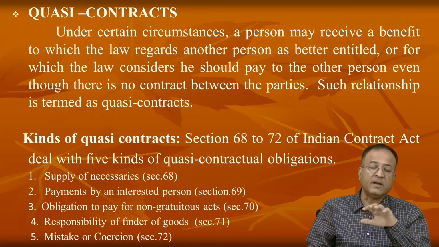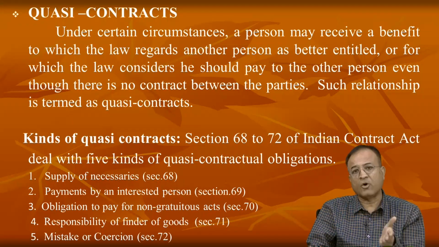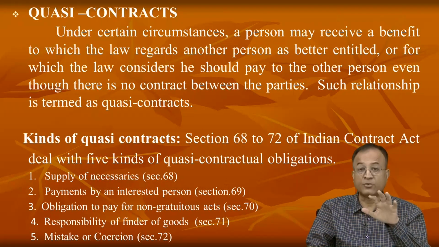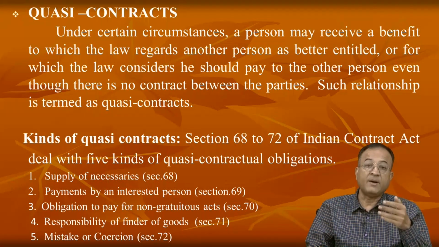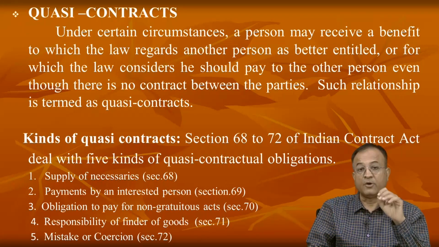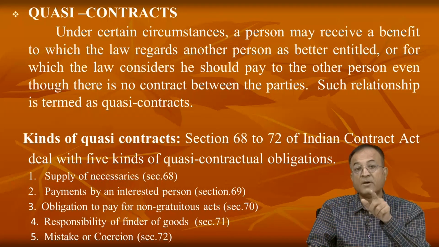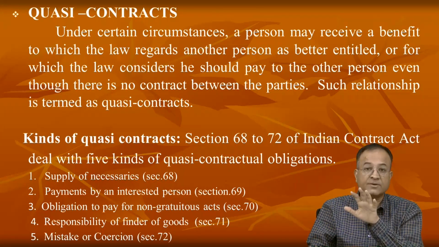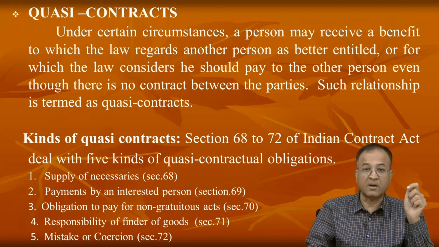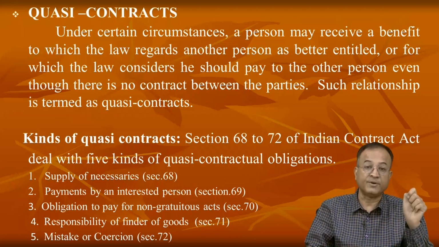If a person incapable of entering into a contract, or anyone whom he is legally bound to support, is supplied by another with necessaries suited to his condition in life, the person who has furnished such supplies is entitled to be reimbursed from the property of such incapable person.